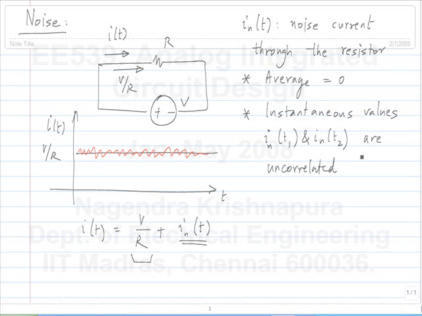So you can't say anything about IN at T2 given IN at T1. Okay, they are independent random variables. Of course, it's implied here that T2 is not equal to T1.